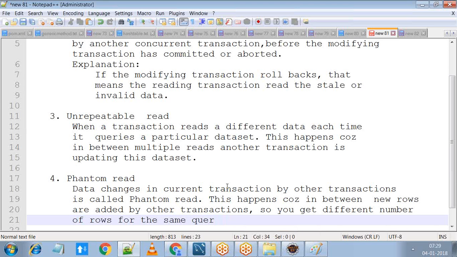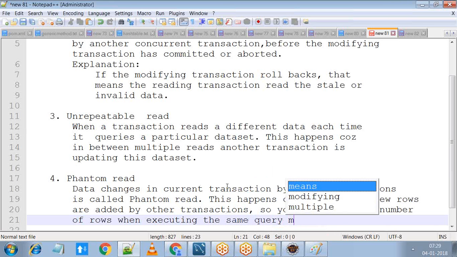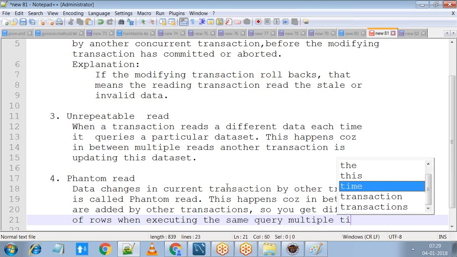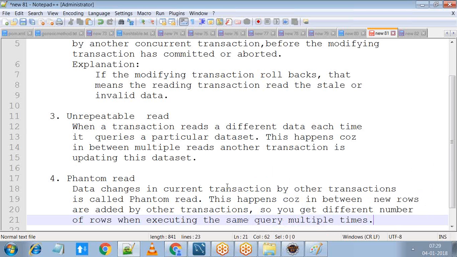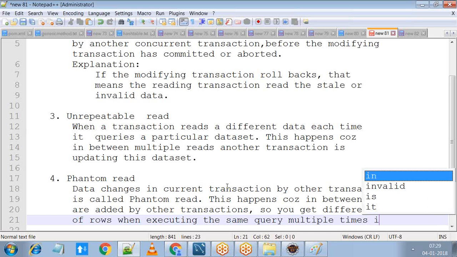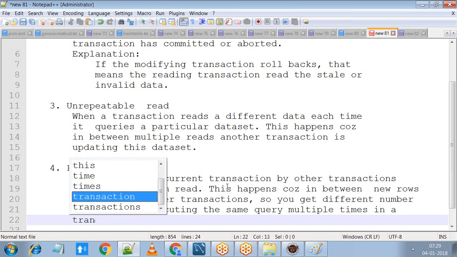You get a different number of rows when executing the same query multiple times, in a transaction, yes.